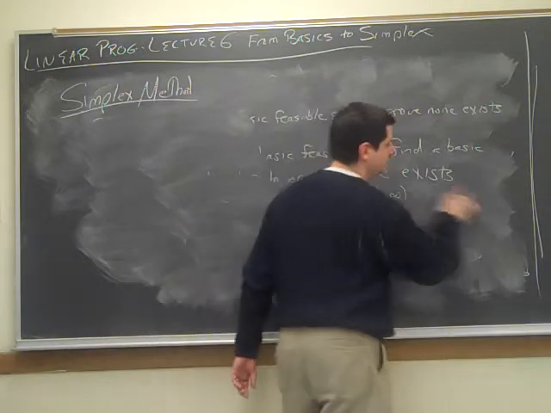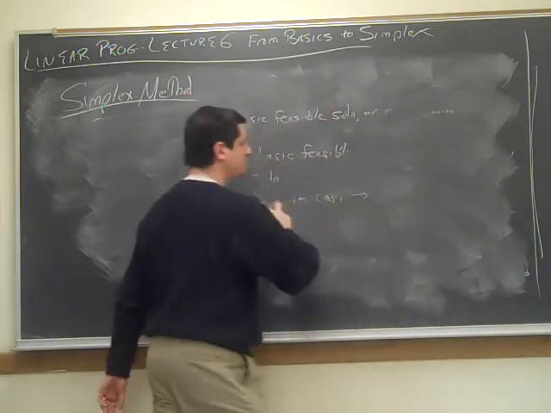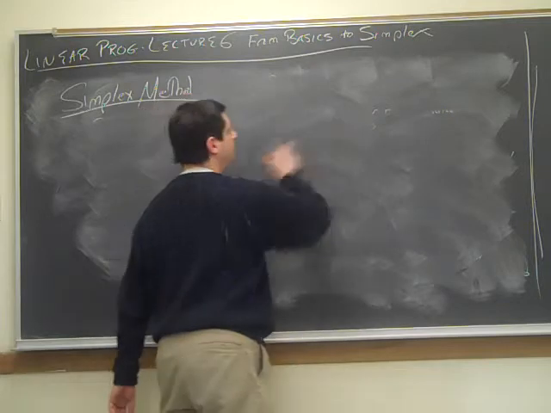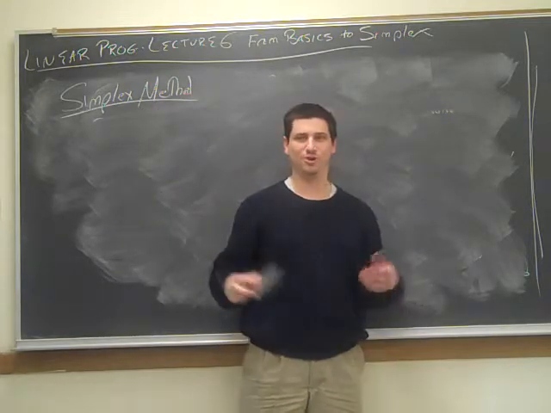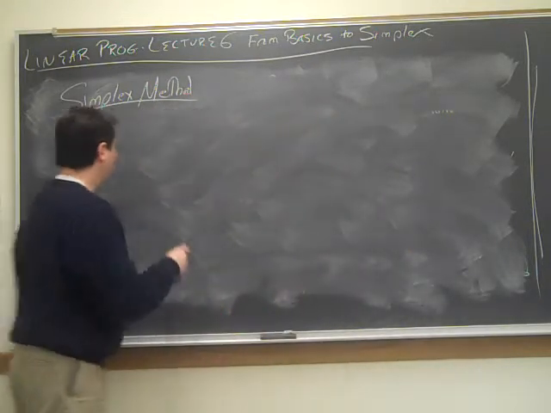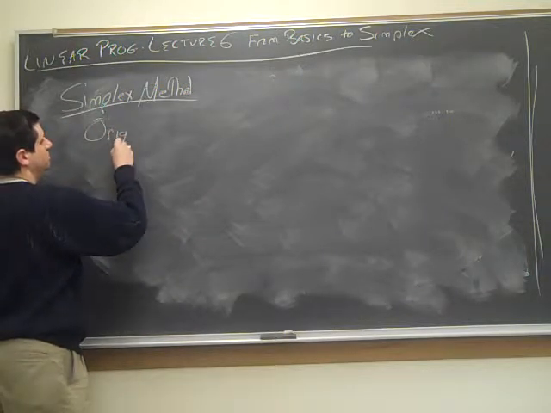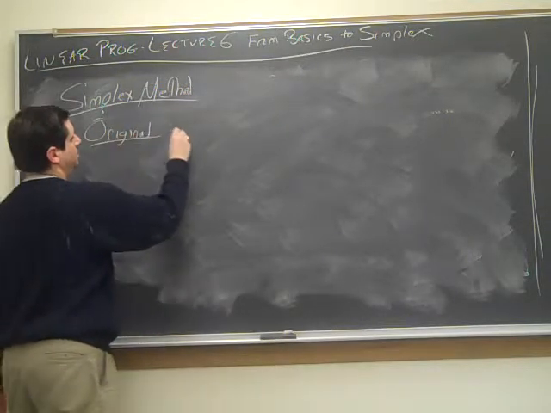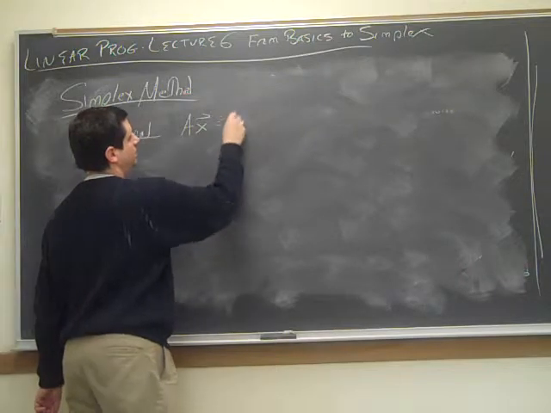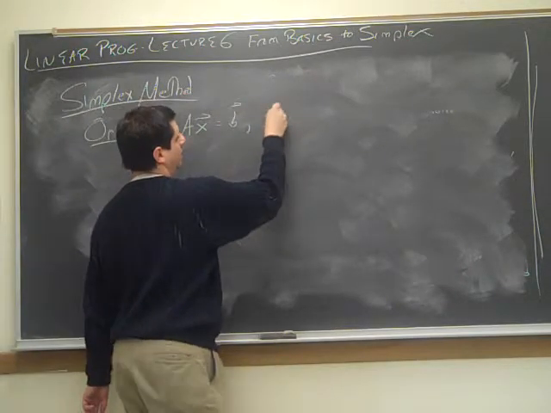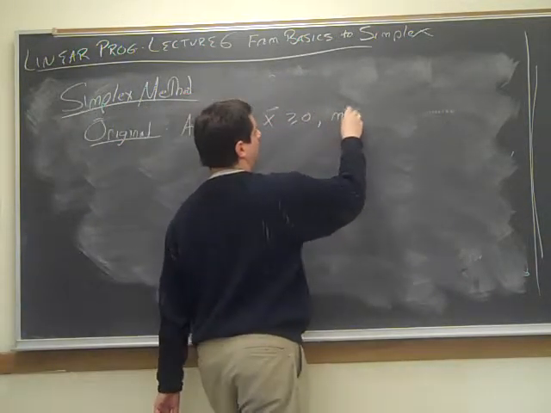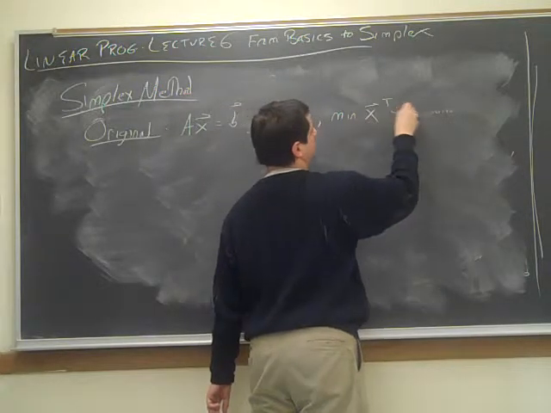And so in the last few minutes, let me introduce you to the most blatantly obvious basic feasible solution linear programming problem you can ever find. So the original is AX equals B, X greater than or equal to 0, and we want to minimize X transpose C.